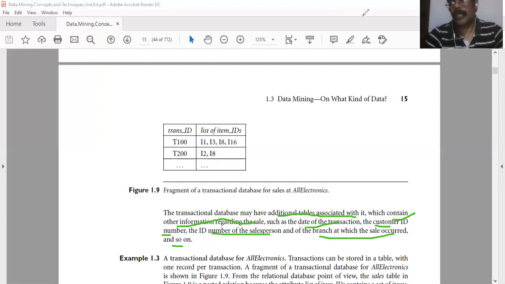When we buy some products, we get a bill. That bill is a transaction.